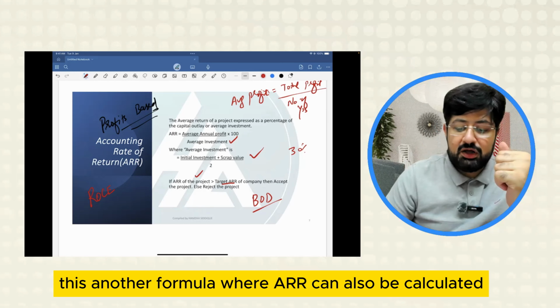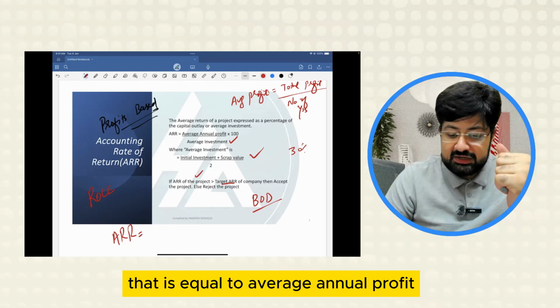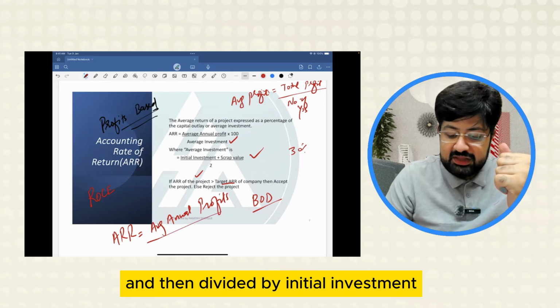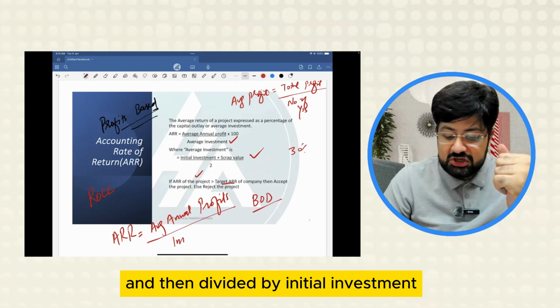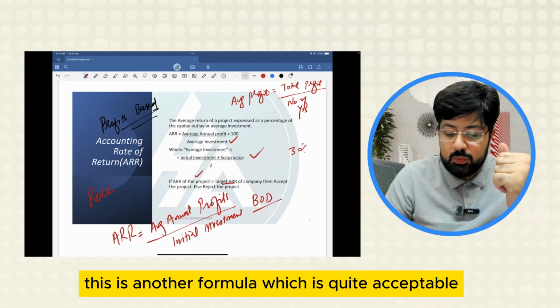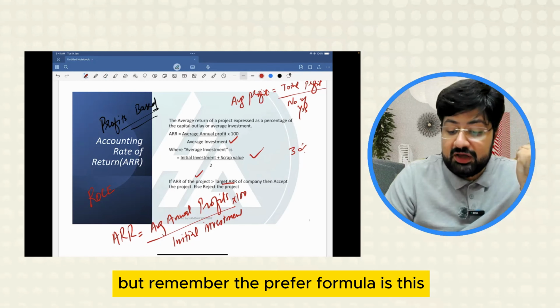There is another formula where ARR can also be calculated: average annual profit divided by initial investment. This is another formula which is quite acceptable. But remember, the preferred formula is the one with average investment.